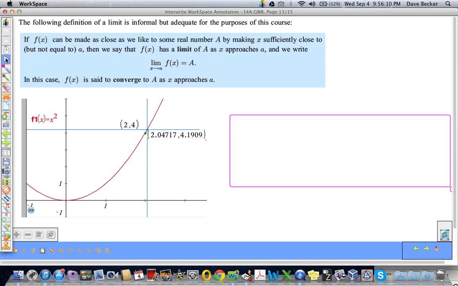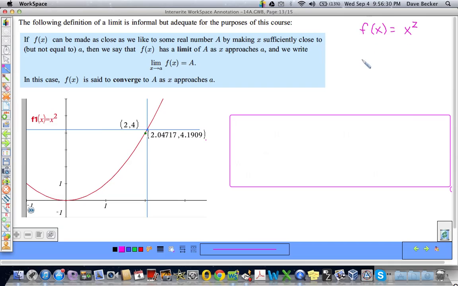Very important that you have this conceptual understanding, so don't zone out. If the function f of x can be made as close as we like to some real number A. All right, hold on, we need an example. Remember the previous example, f of x equals x squared.